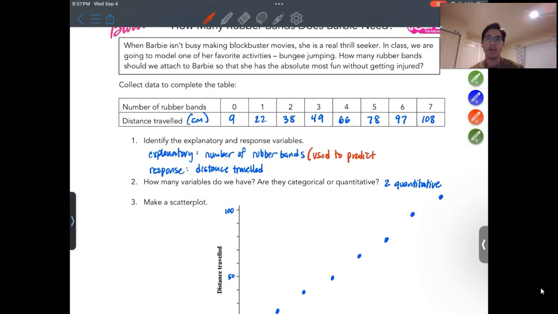You can also think of it as the input values. And then the response variable you can think of as the final outcome, the final measurement of the study, or think of it as the output values. Right, so what's the input? What's the output?